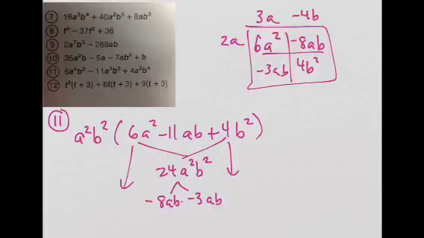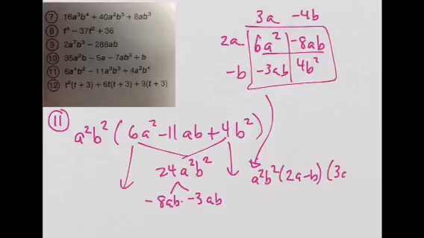And then something times 3a gives me negative 3ab, so that would be negative b. And then you verify, is negative 4b times negative b equal to 4b squared? The answer is yes. So your answers are, don't forget the GCF. So it's going to be, I'll put the answer right here, a squared b squared times 2a minus b times quantity of 3a minus 4b.